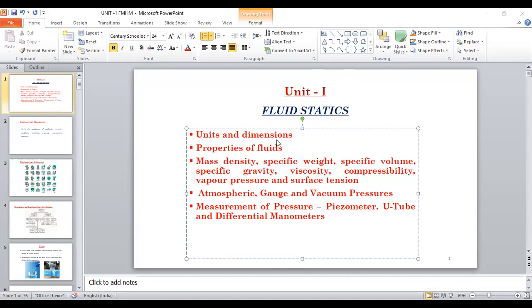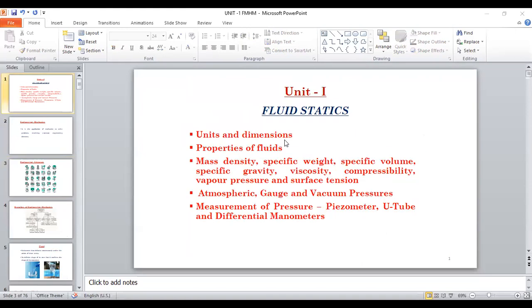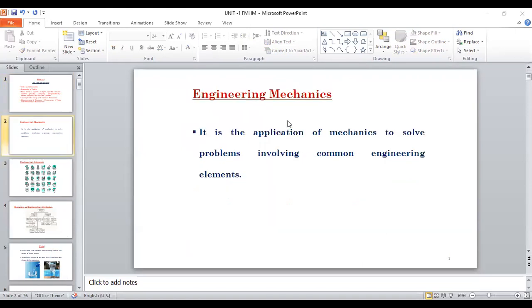Before going to study fluid mechanics, first we need to know some basics about our subject called engineering mechanics. Already we have learned this subject in your previous semesters, where you have seen problems. What is mechanics? It's a branch of science which deals with the forces acting on bodies, nothing but different forces.